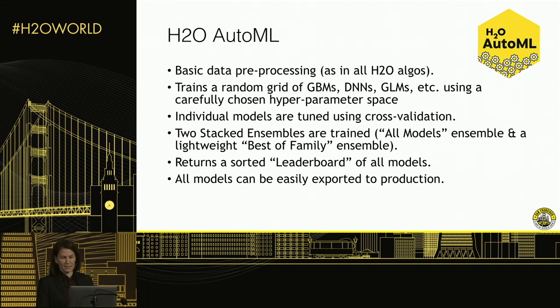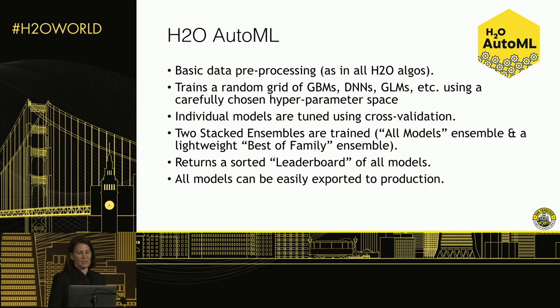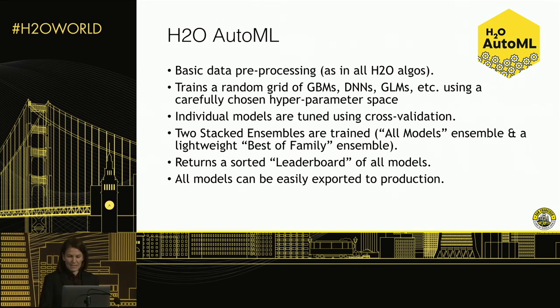Some of the algorithms are iterative algorithms, so you can overfit if you keep training too long. We want to make sure that we stop that before we overfit, so we do some of that automatically as well. And then I mentioned there are two ensembles that get trained at the end. One includes all the models that you've trained, and generally that's the best model almost all of the time. It's not always the case, but often that's going to be the winner.